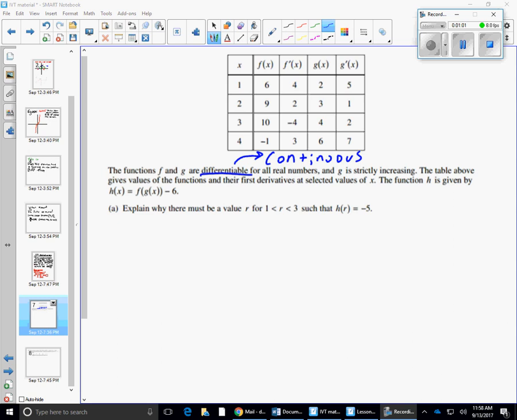So immediately this points out to me that it wants us to use the intermediate value theorem. And it wants us to say that by the intermediate value theorem this can work because it says explain why there must be a value. So then the intermediate value theorem requires that we have h of something is equal to something which is less than h of r, which is equal to minus 5.